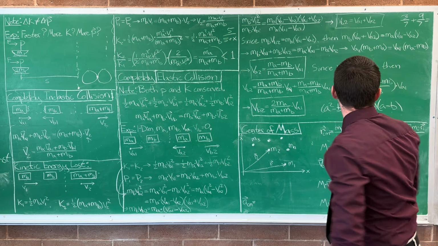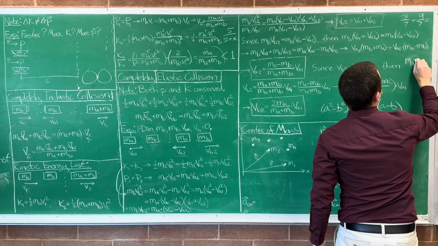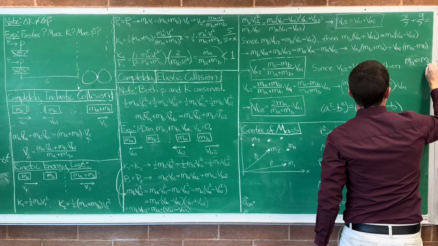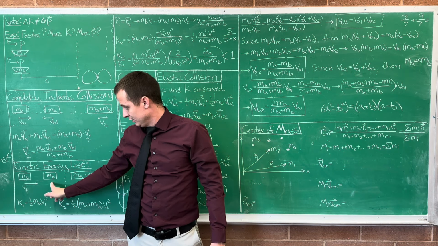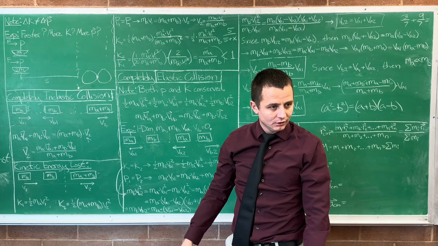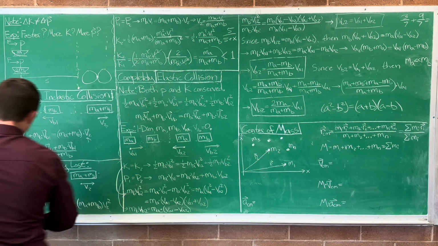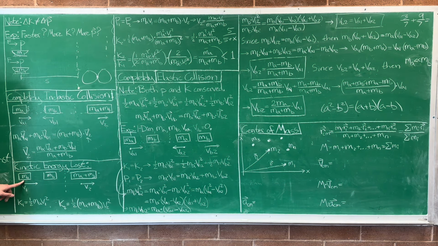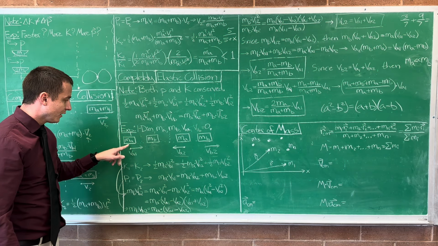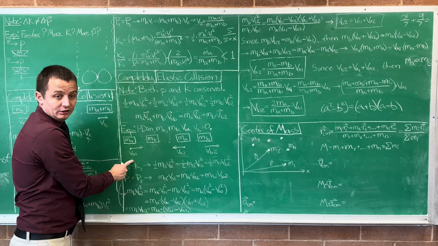What should happen if MA is much, much less than MB? That would be like I take a ping pong ball and I throw it against the wall, ignoring all air resistance. It should just basically bounce off at the exact same speed. So if MA is really, really small compared to MB, then we expect VA2 to basically be the same thing as VA1, just in the opposite direction.